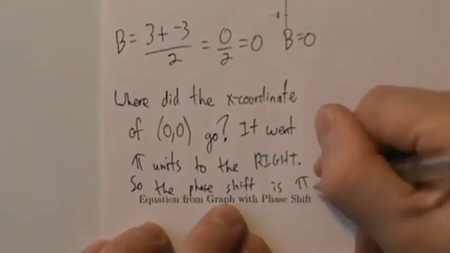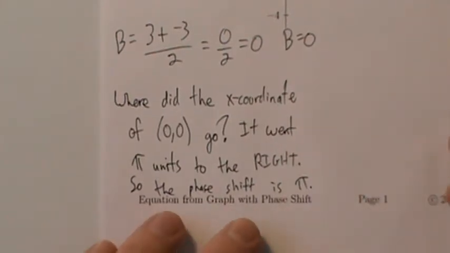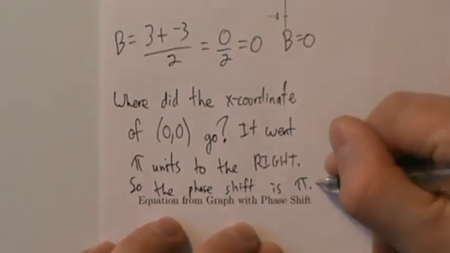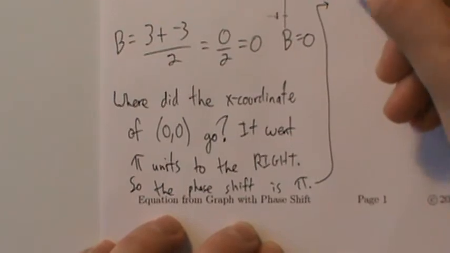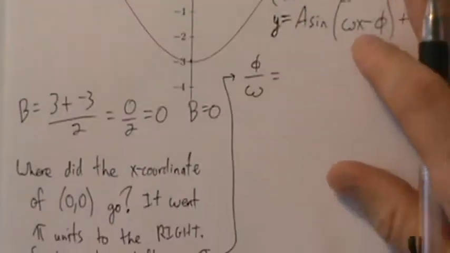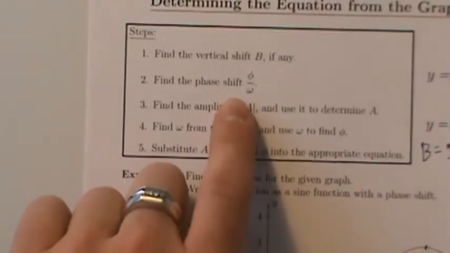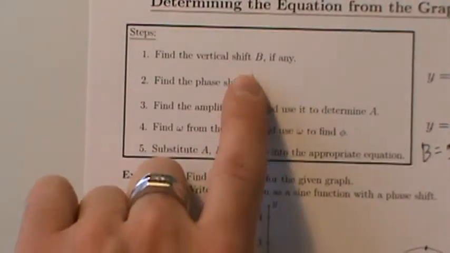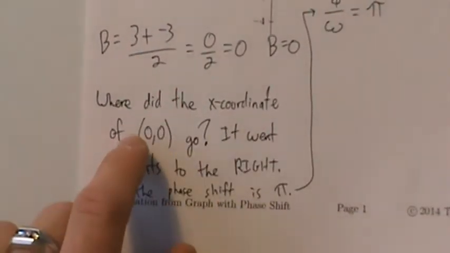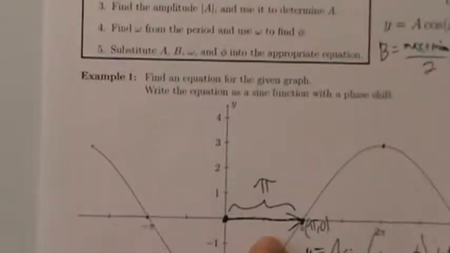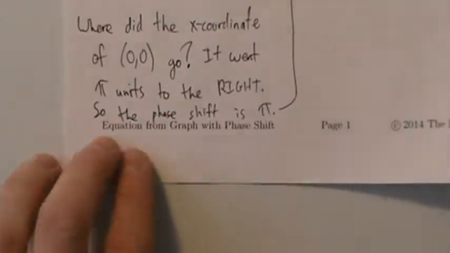What that means in terms of mathematical symbols is that phi over omega equals pi. So find the phase shift phi over omega. Remember we talked about phase shift a lot. Phase shift is phi over omega. Here, where did the x-coordinate 0, 0 go? It went pi units to the right, as we just saw. So the phase shift is pi.